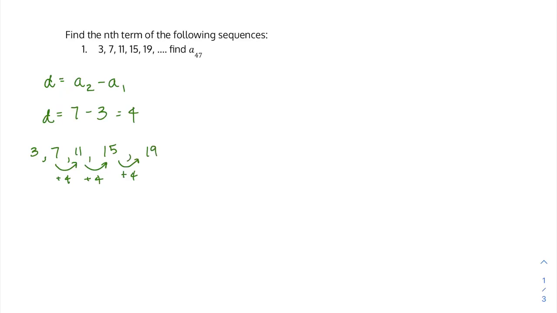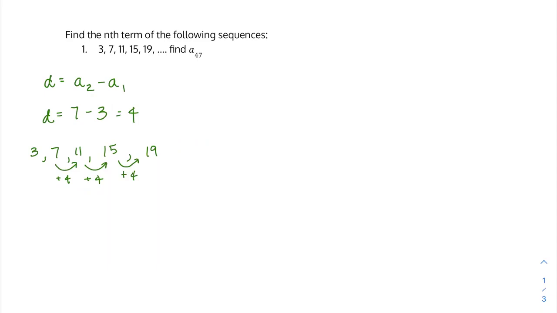So yes, this is arithmetic and it has a common difference of 4. This is not something you need to show on your paper in terms of showing work. You can do it in your head to determine that it's an arithmetic sequence.